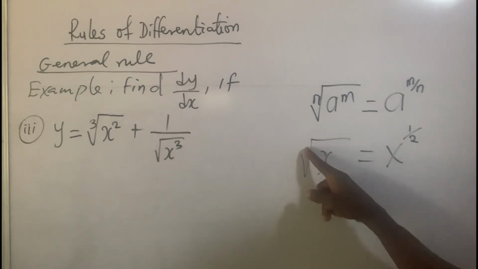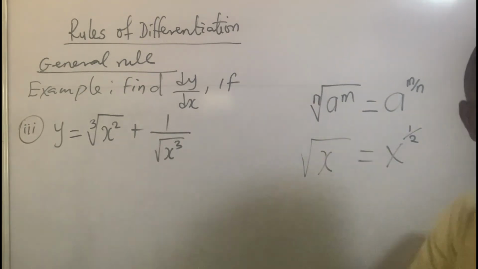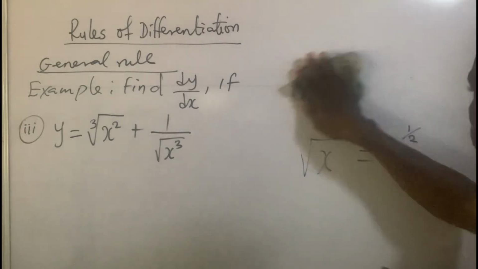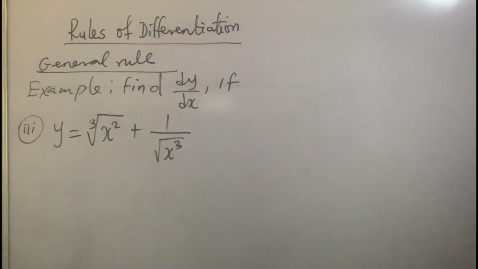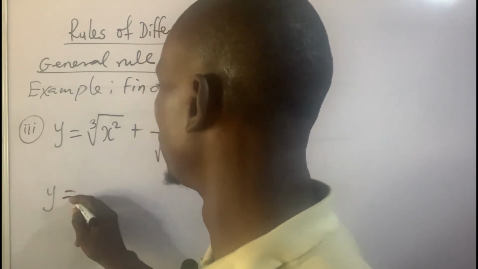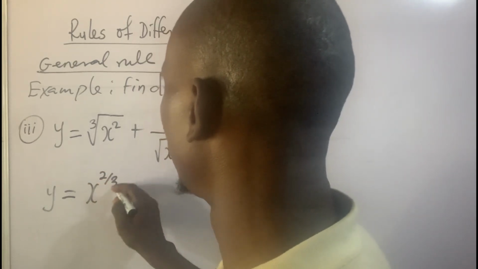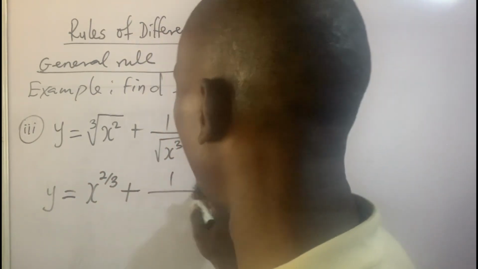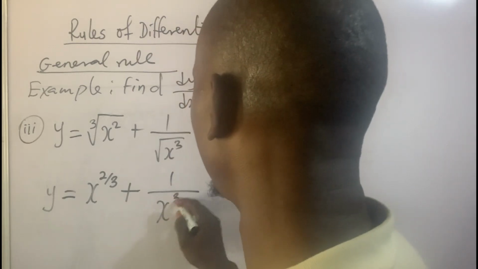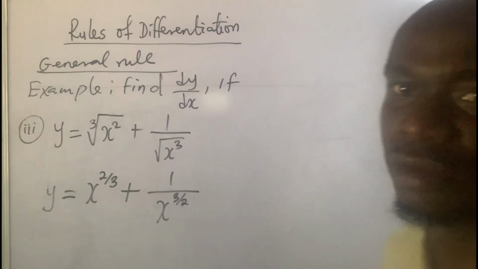If we apply that to this question, our y will become x raised to 2 over 3 plus 1 over x raised to 3 over 2. So in this case, we have eliminated the roots.